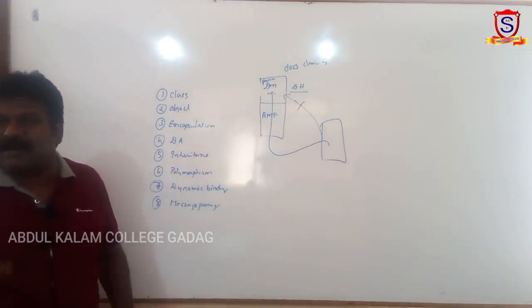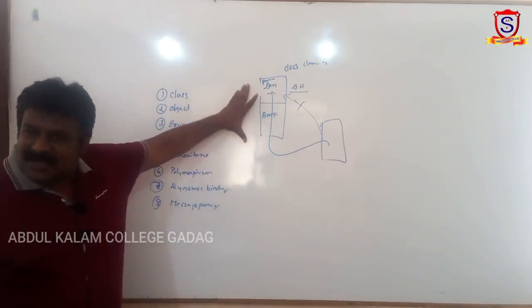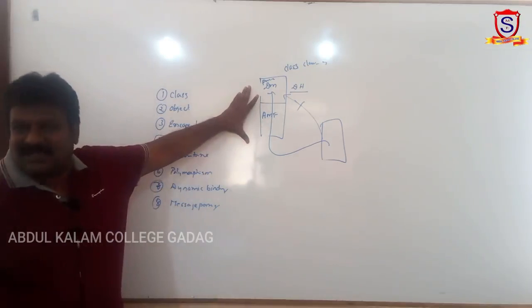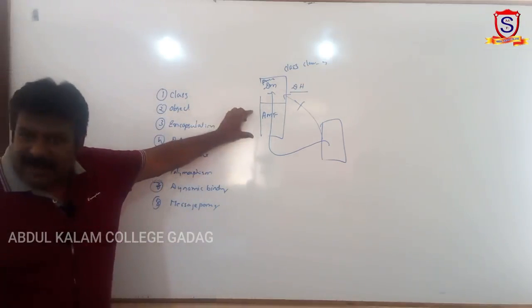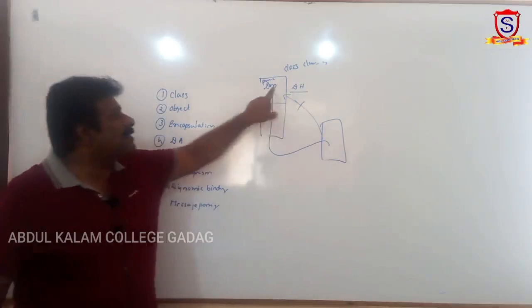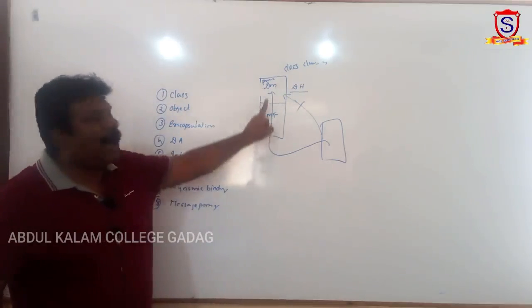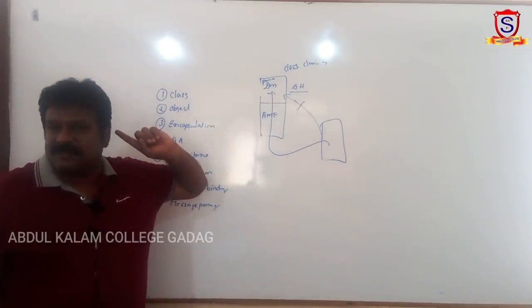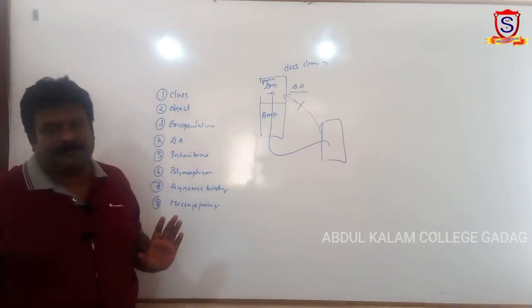This is what is called data hiding. Understood? So, what does class do? It encapsulates data members and associated member functions so that the external world cannot access these data members directly. Instead of that, they can access them through associated member functions. This is what is called data hiding.